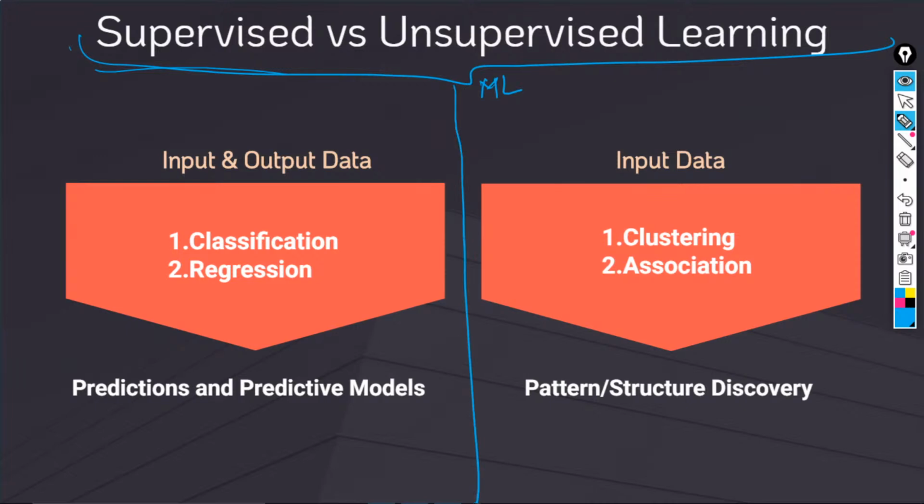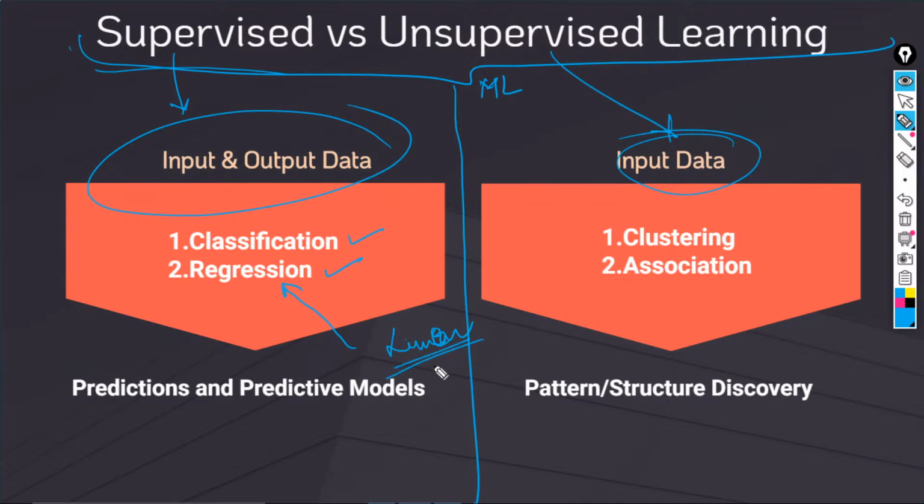Now, first things first, when we talk about the supervised model, right, we would be having a classification and a regression branch, right? Now we would be starting with regression from the session to come. We have something called linear regression. That would be the first topic that we would be beginning with, right?